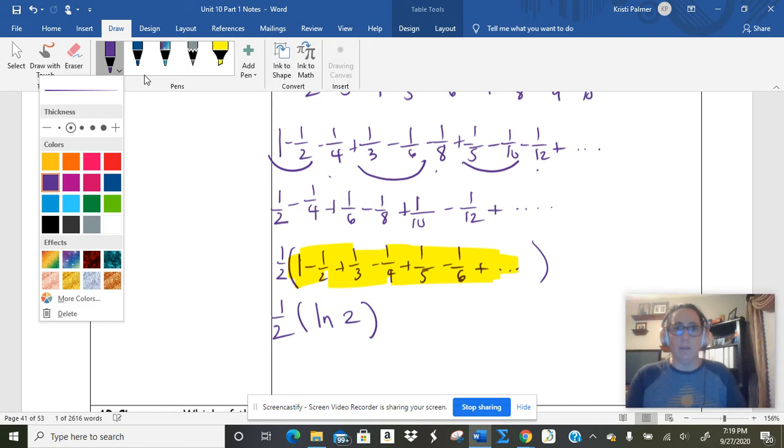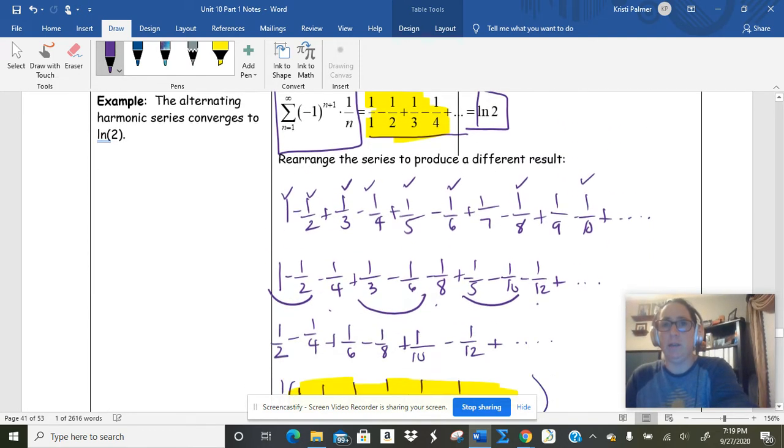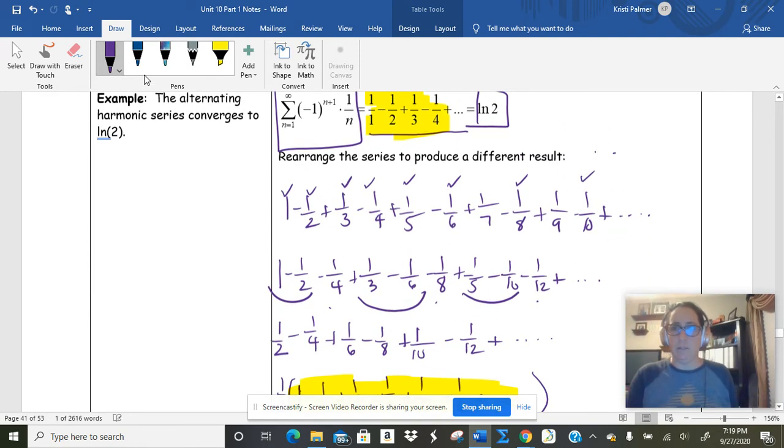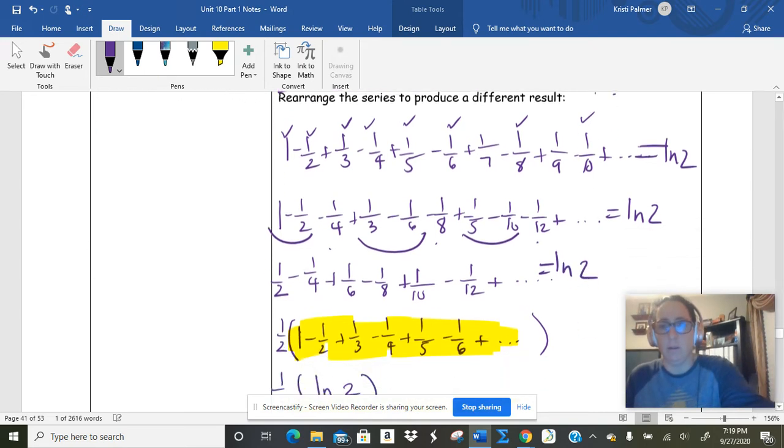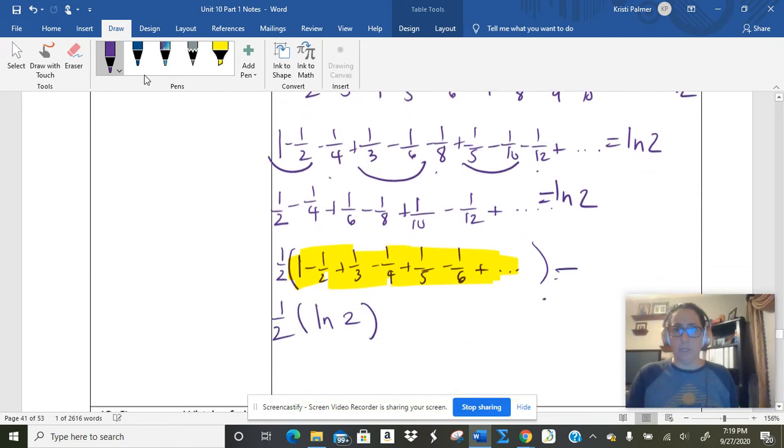But wait, because ever since up here, I knew that this had to equal the ln of 2. This equaled the ln of 2, right? This equals the ln of 2. This also had to equal the ln of 2, and so therefore this had to equal the ln of 2. What?